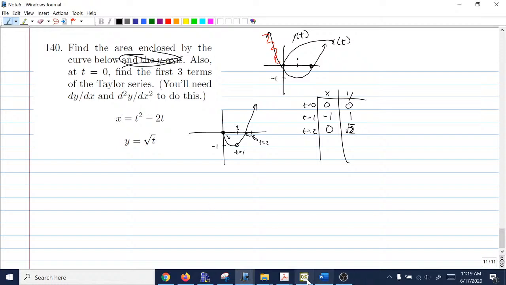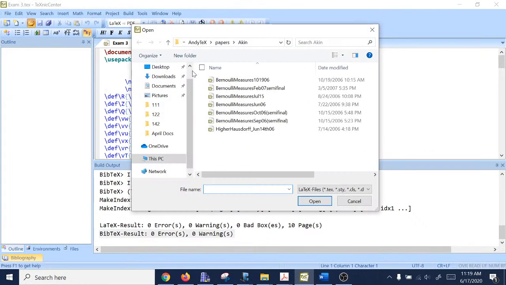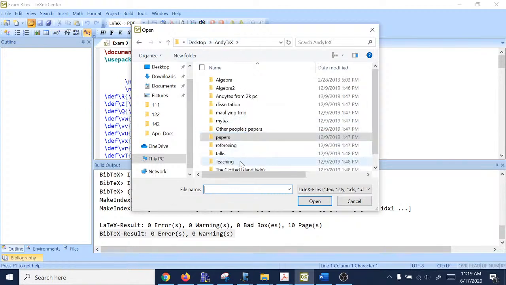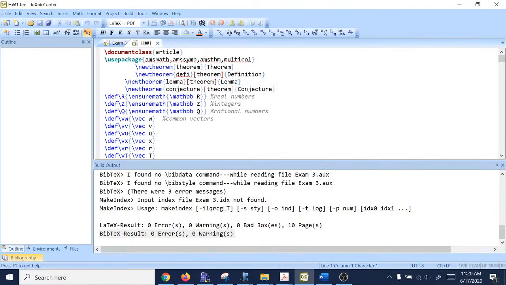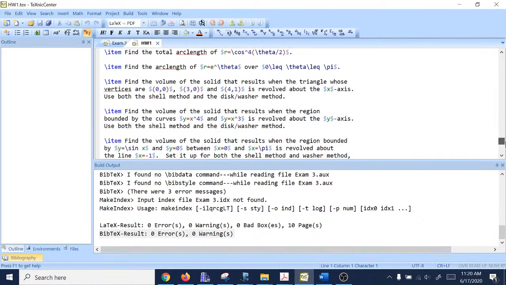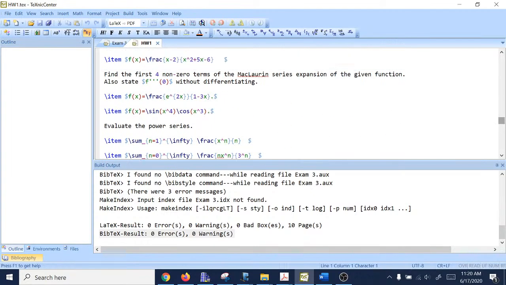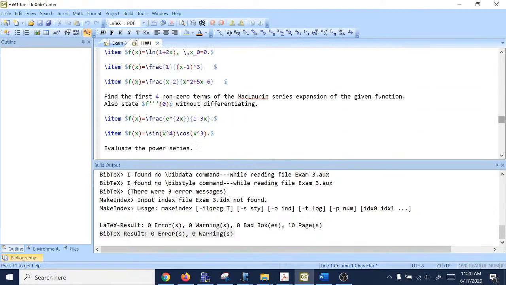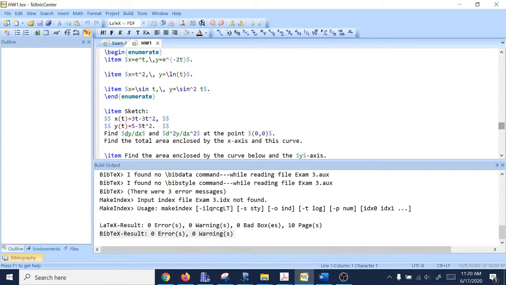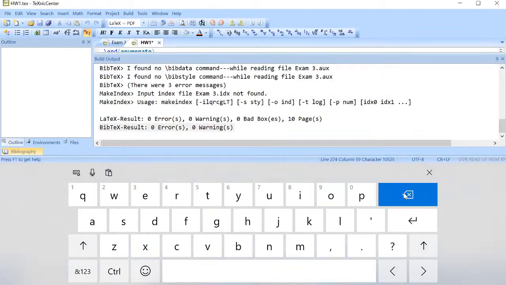Can I fix that real quick before I forget to? That should have been enclosed by the curve and the x-axis, which is the one that makes sense.